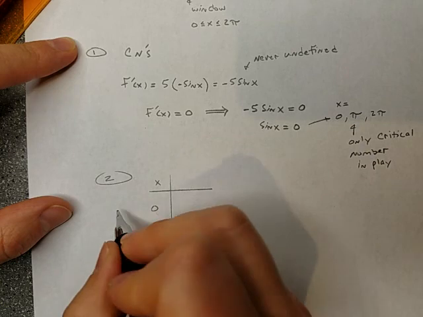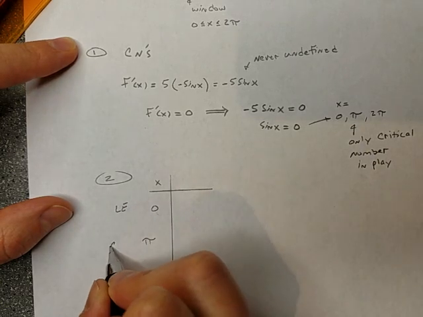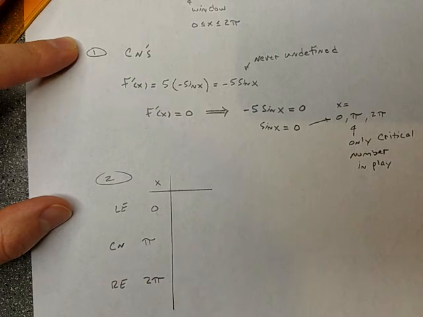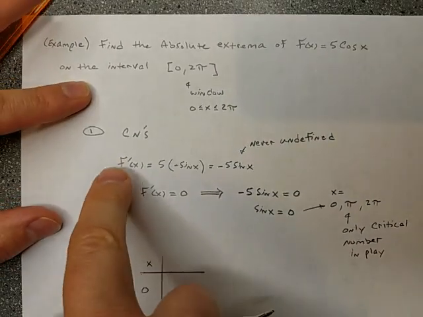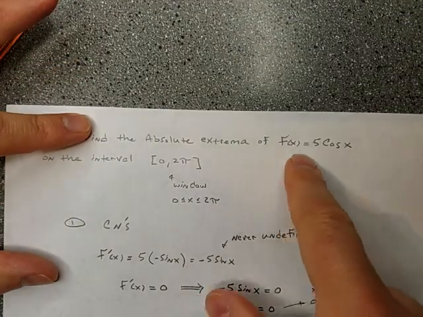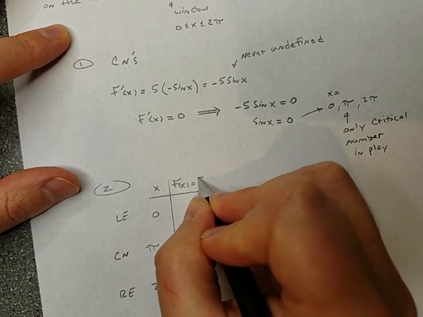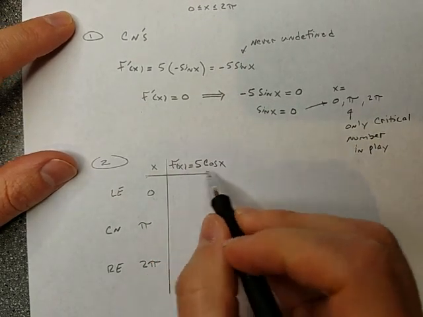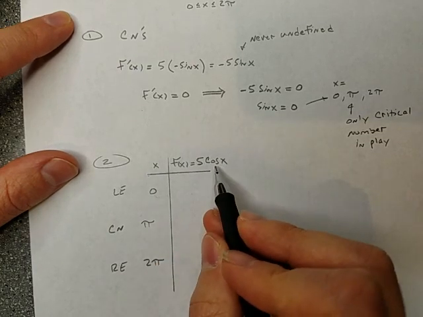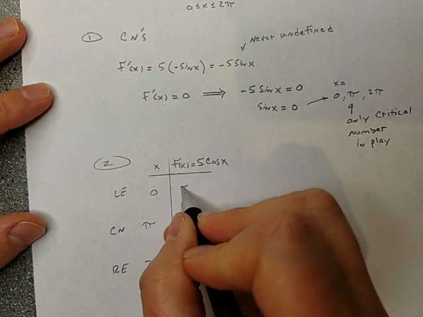Okay, this is the left endpoint. That's the right endpoint. That's the critical number. And I want to find the actual points on the curve. I don't use the derivative for that. I use this: f of x is 5 cosine x. Okay, so we'll do the math here. What does 0 give you? 5 times cosine of 0, which is 1, times 5 is 5.